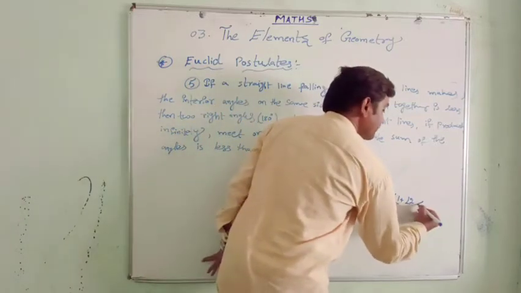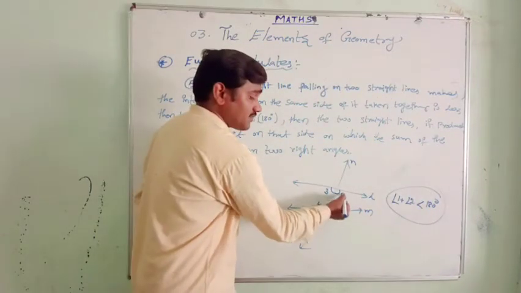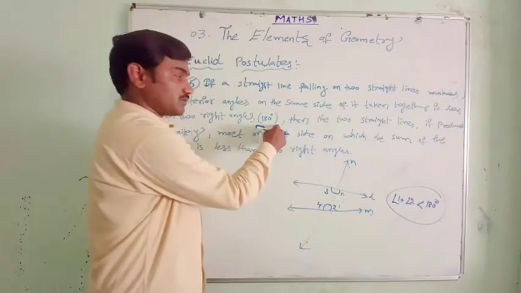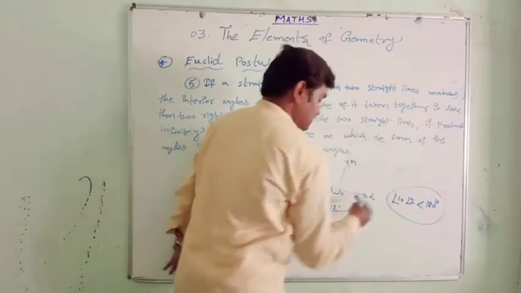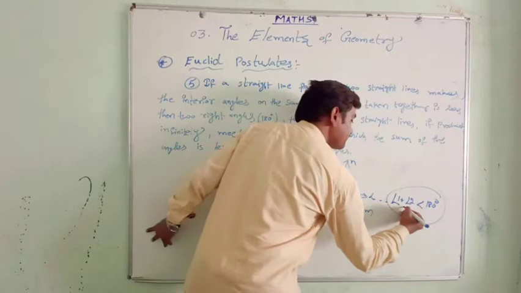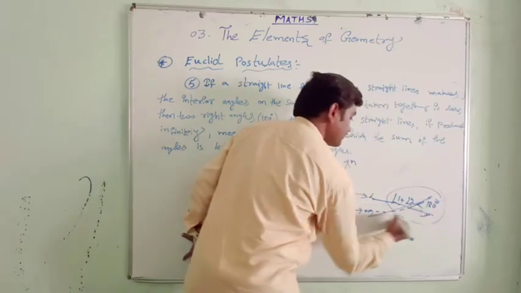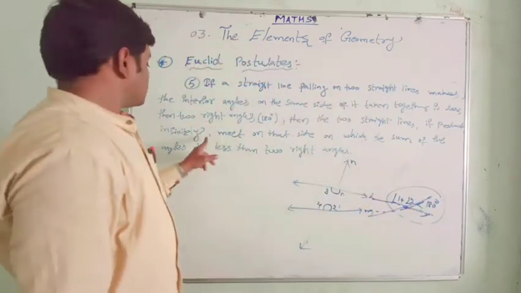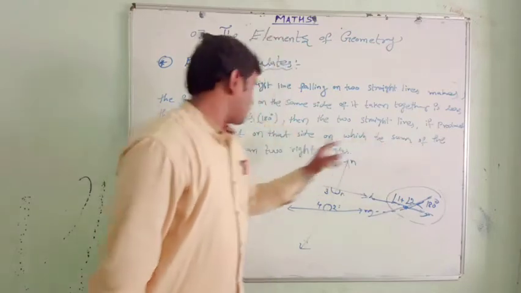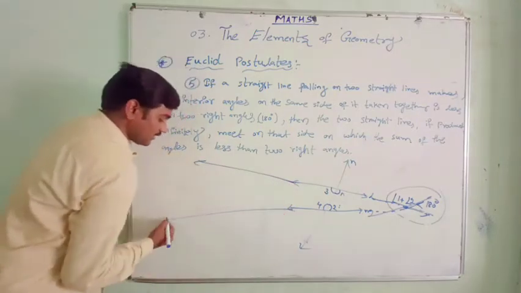If it is less than 180 degrees, that means less than two right angles, then the two straight lines L and M, if you produce them infinitely, meet on the same side where the sum of the angles is less than two right angles.